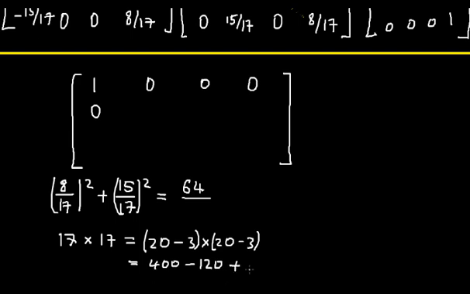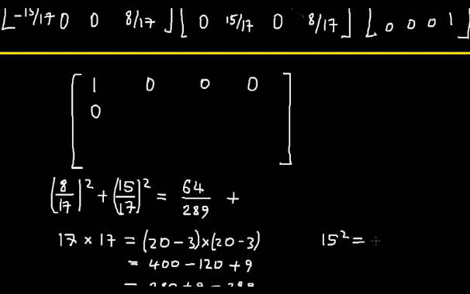And then we have plus 9. 400 minus 120 is 280, plus 9, so it's 289. So 64 divided by 289, and then we have plus 15 squared, which is, I think, 225.